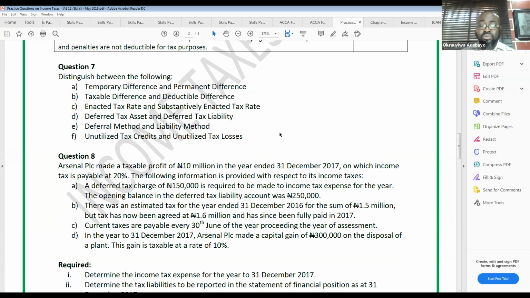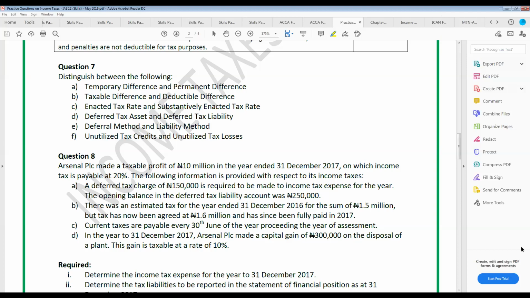Who can tell us something about A aspect of the question? You can mute. I want contributions. Any contribution?